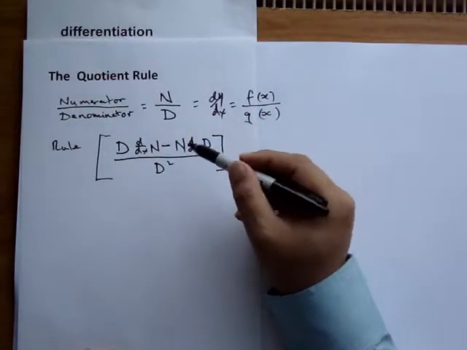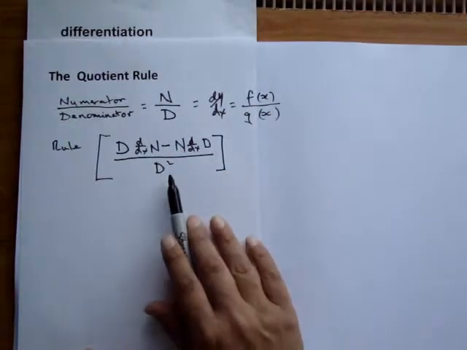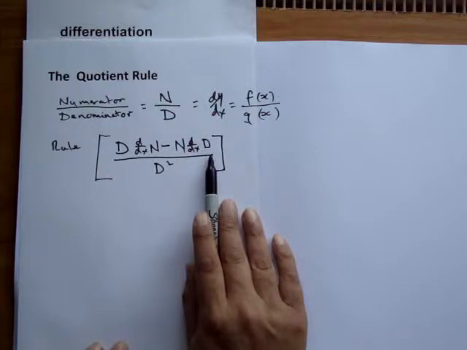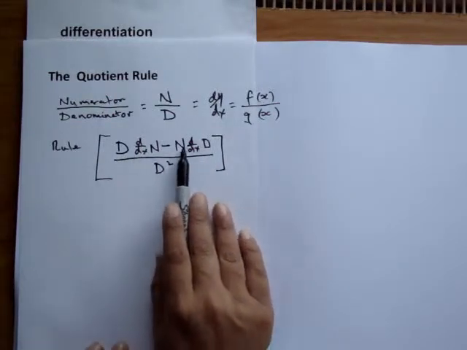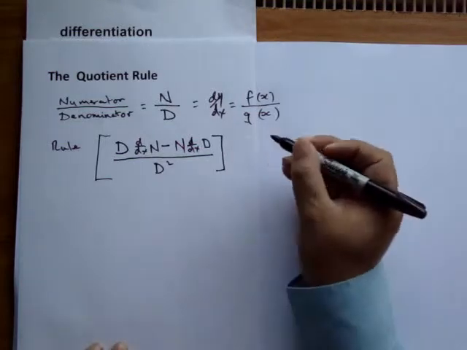An interesting point to note is that we do not differentiate the denominator here, we square it, but in the top line we need the derivative of both the numerator and the denominator.